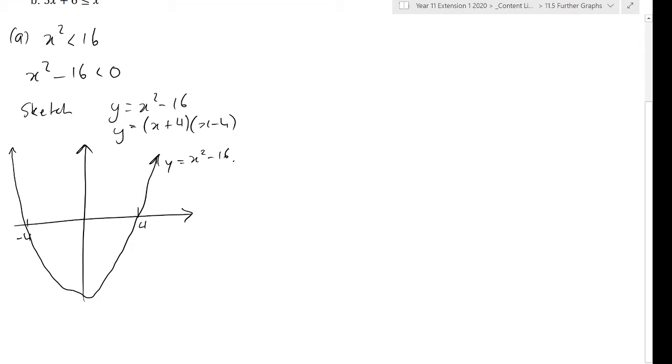Well, we're just looking at the line and where it's below the x-axis. And as you can see, it's below the x-axis in these parts here. So where is that?